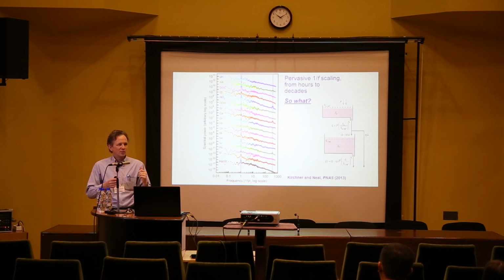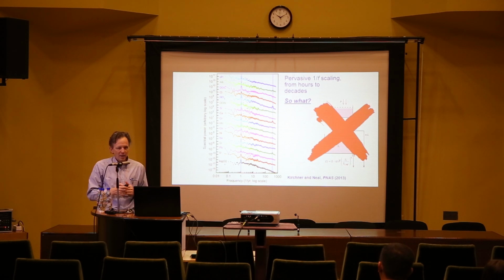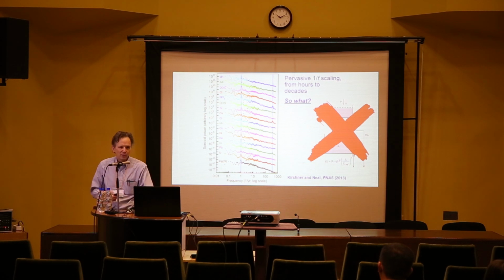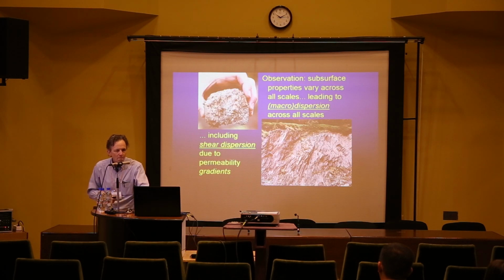It will give you a very nice spectral slope of typically something like 2, not 1. And so, in general, this scaling behavior that we have seen presents a fundamental challenge to many models that are commonly used to evaluate transport at the landscape scale.